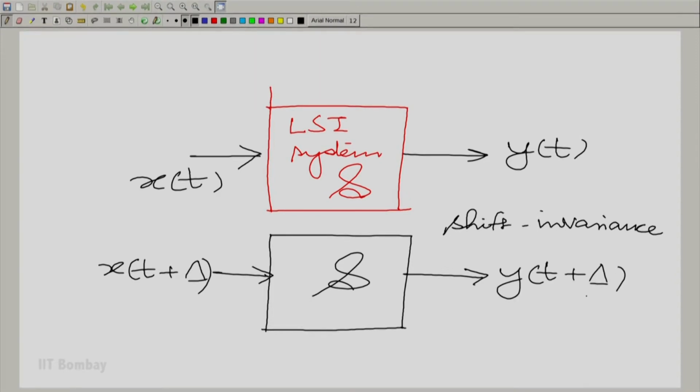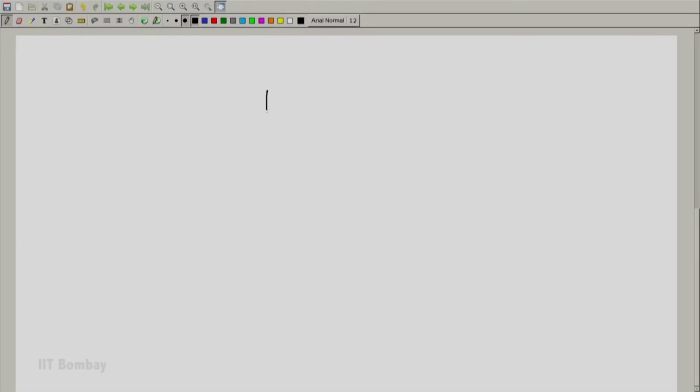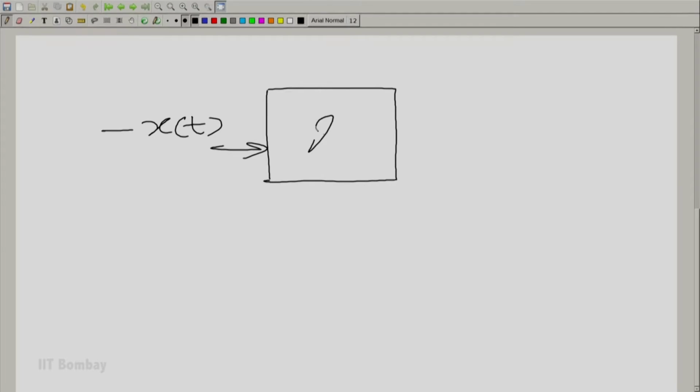Now, let me invoke additivity and homogeneity. So, first let me invoke homogeneity. Applying minus x(t) to the same system S should produce minus y(t).